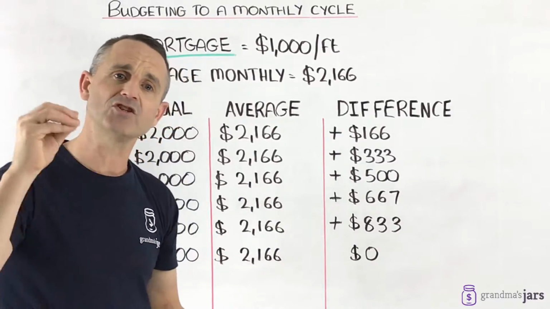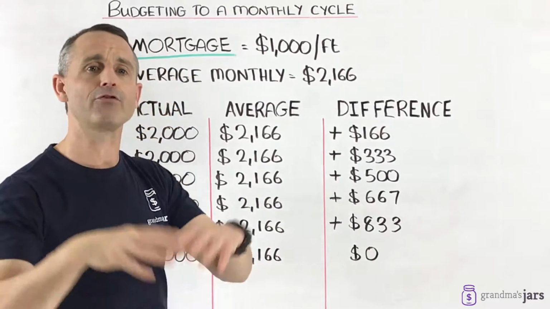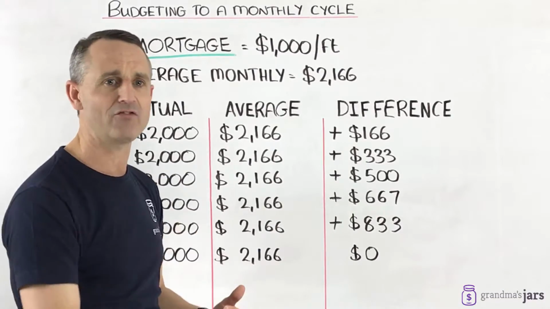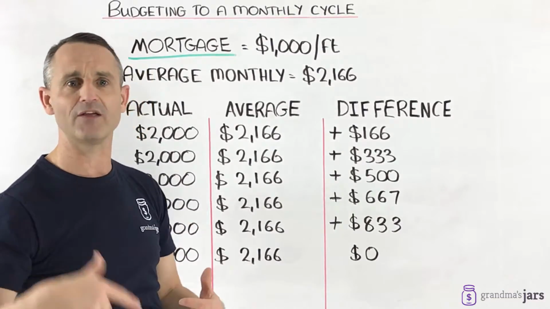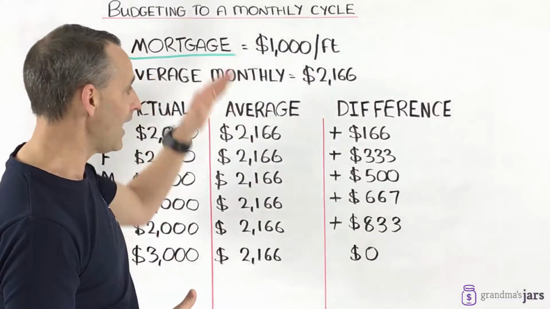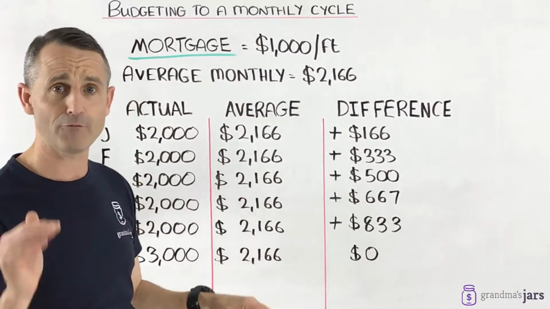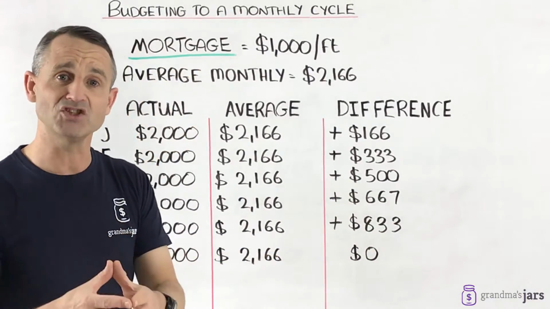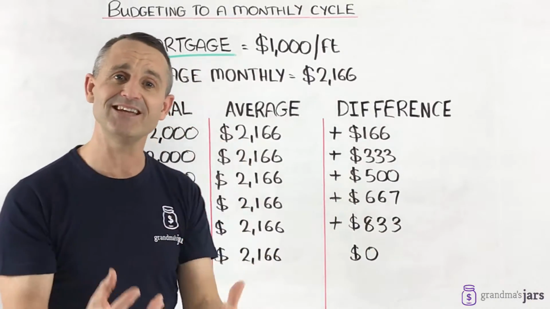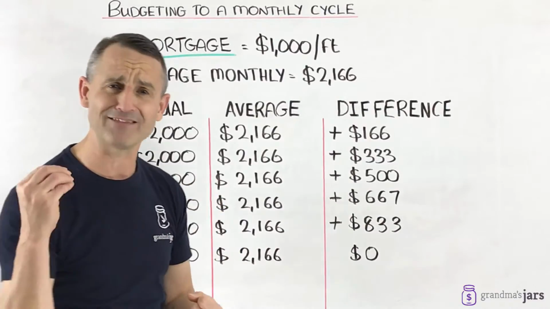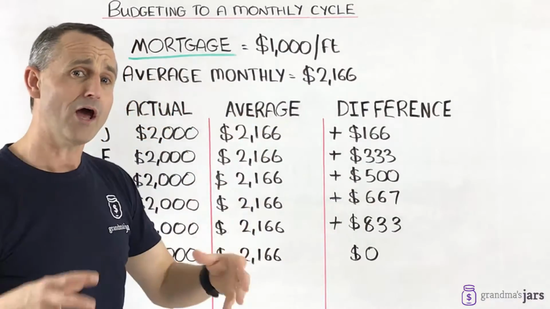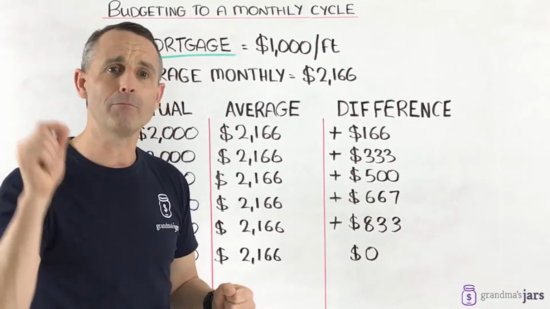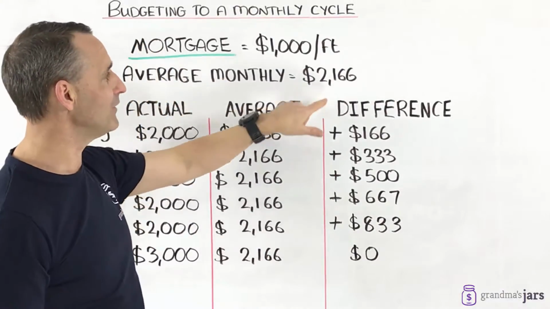And then when we get to June, I have a 3 mortgage month, so I pay $1,000 on the 1st, $1,000 on the 15th, and $1,000 on the 29th. I have 3 payments come out. But fortunately, I have been accumulating money in my mortgage jar, so the money is sitting there ready to pay it, which is fantastic.